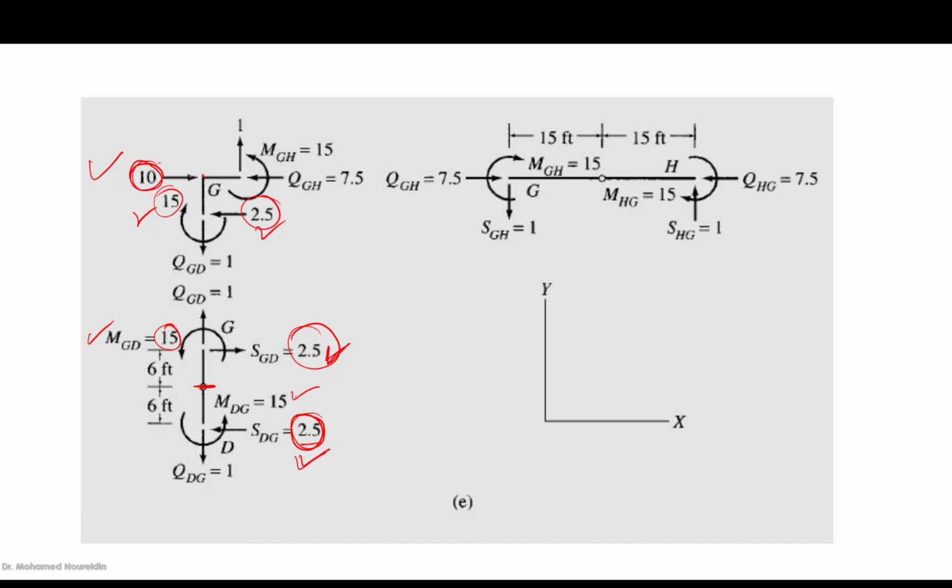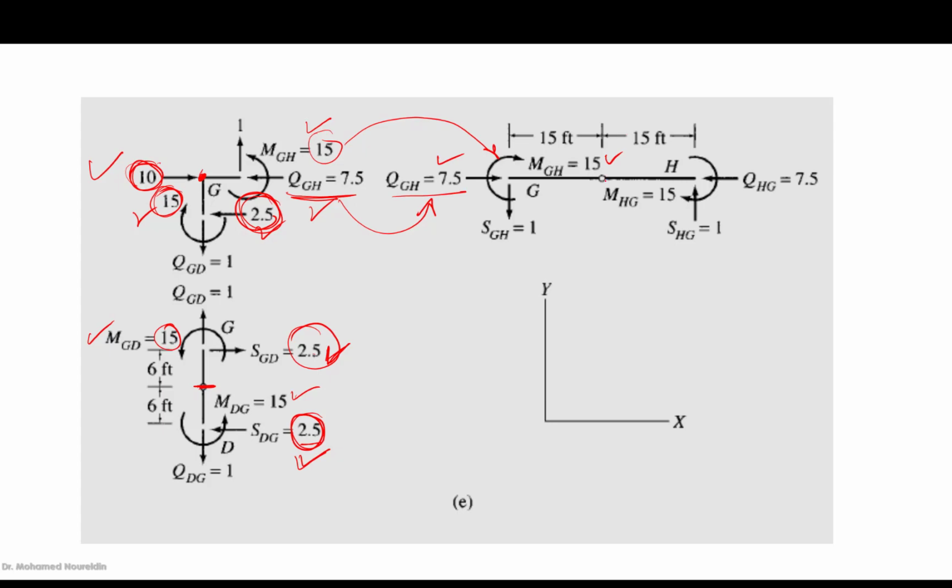Taking the moment at point G for this connection, this is 15, this must be 15. This is 2.5, here we have 10, then QGH is going to be 7.5. Put this 7.5 here and reverse it. This 15 is going to be reversed here. Then we know this.